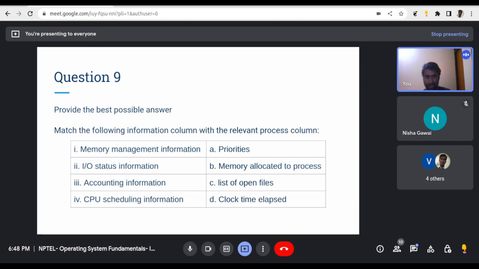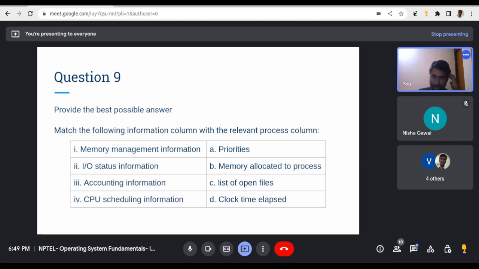The memory management information matches with which of the four options? IO status information matches with which of the four options? Accounting matches with which of the four options? And CPU scheduling information. You can just write one relates with what, A, B, C or D, two relates with what, A, B, C or D, and so on and so forth.